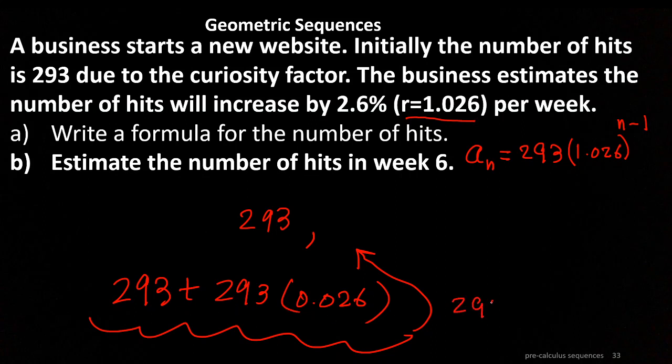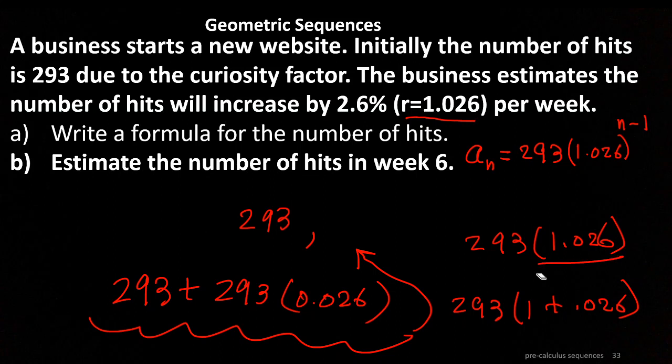It's 293 times 1.026. Because that would be 1 plus 0.026 if you factor 293 out. So that's 293 times 1.026. So that's our R right there.